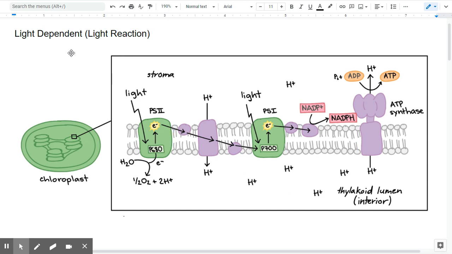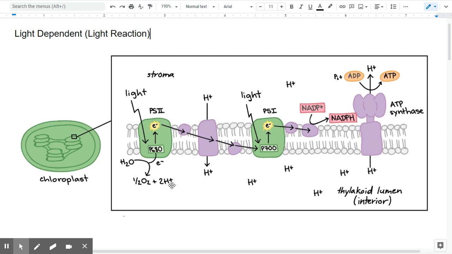Okay, so here we go. We're gonna break this up here. So we first start out with light hitting our leaf. Okay, and our leaf also takes in water, and at this first protein in the thylakoid membrane, it takes water when it gets this energy, and it breaks it up into these two components, into oxygen and hydrogen.